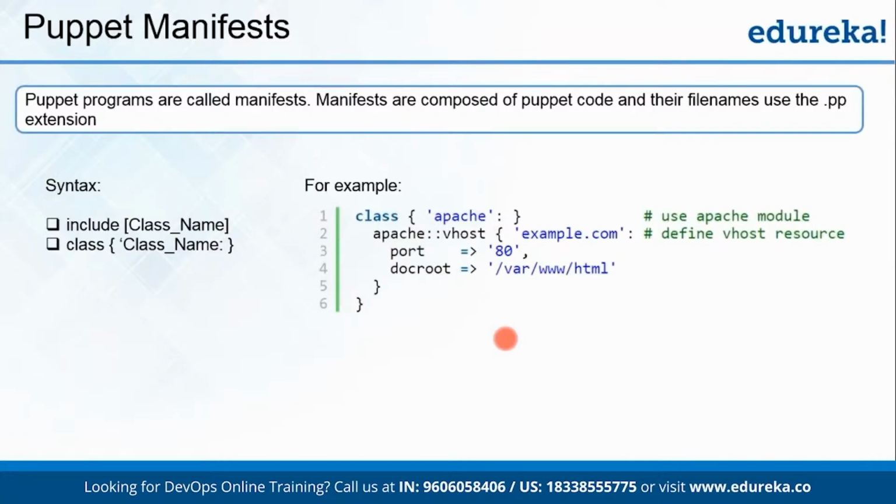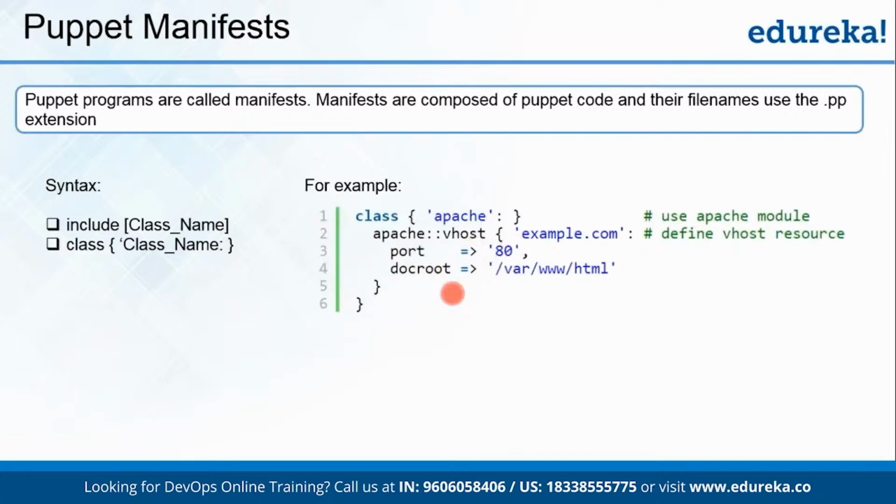So for example, you can write a manifest in Puppet master that creates a file and installs Apache server on Puppet slaves connected to the Puppet master. Alright, so you can see I've given you an example. Over here it uses a class that is called Apache, and this class is defined with the help of predefined modules that are there in Puppet Forge, and then various attributes like defining the virtual host, the port and the root directory.